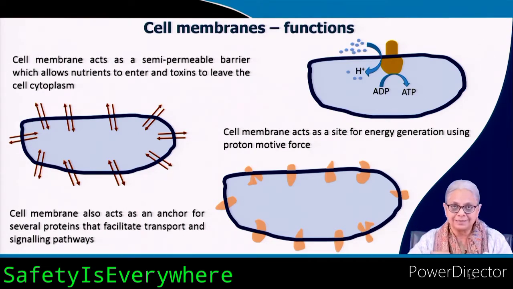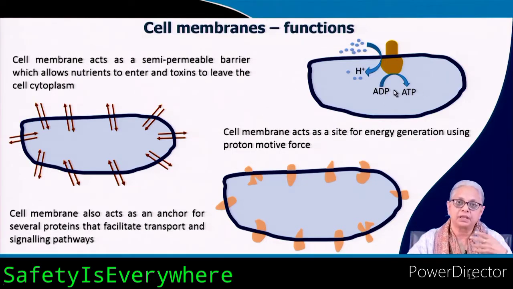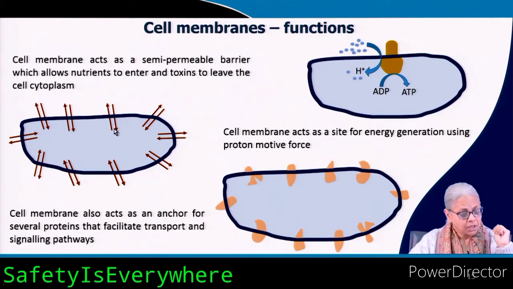The protons inside the cytoplasm are pumped out of the plasma membrane, so they go into the periplasmic space maybe, and here you get a higher concentration of protons, and utilizing this proton motive force, that energy is utilized to create ATP. Like I said, we will cover that in the next lectures.